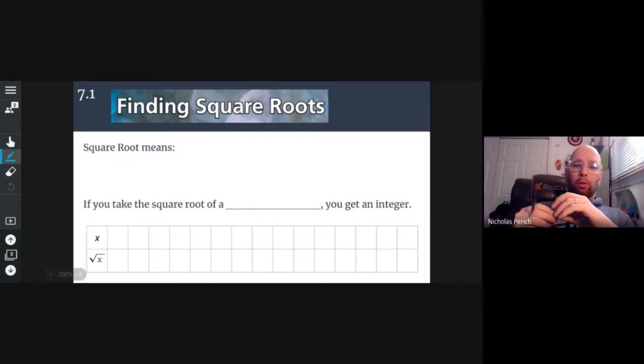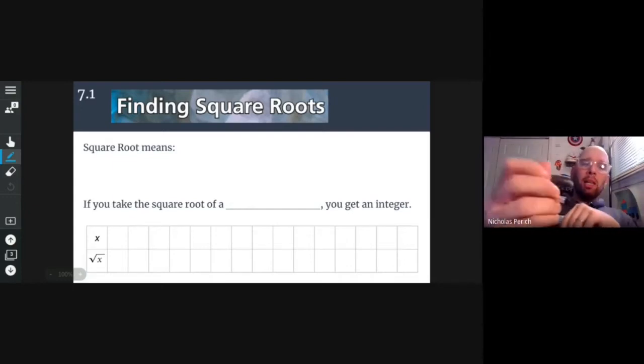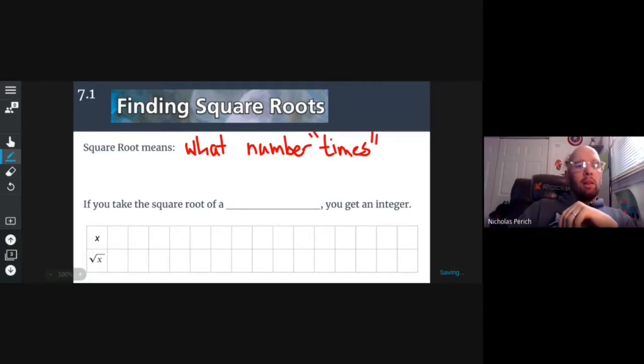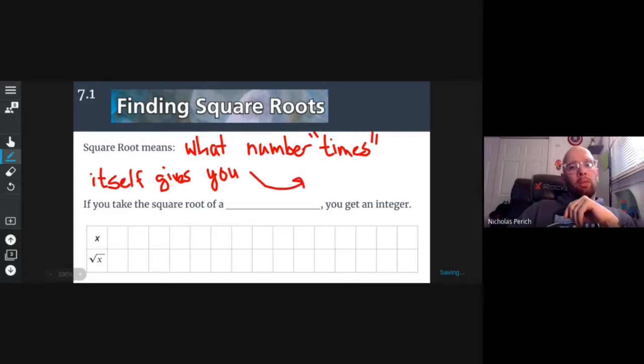Chapter 7, finding square roots. What does a square root mean? A square root means what number times itself gives you whatever number is living underneath the square root.